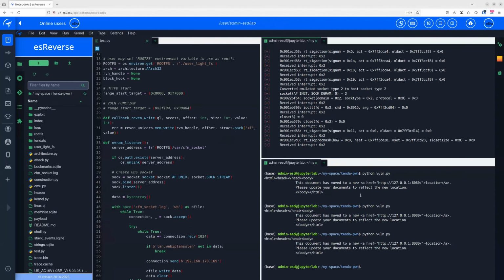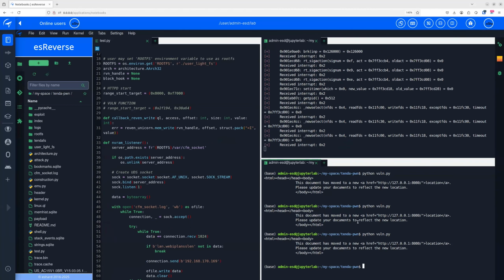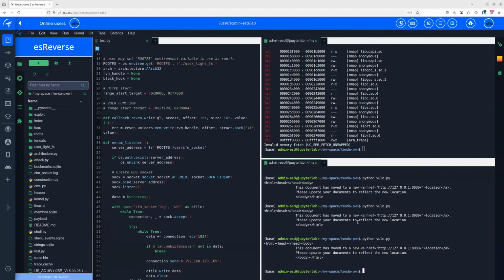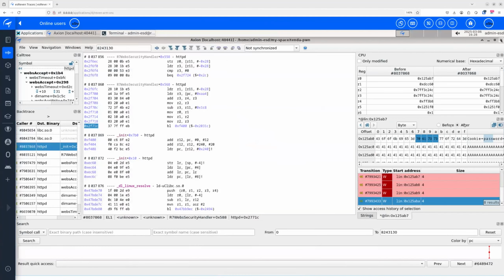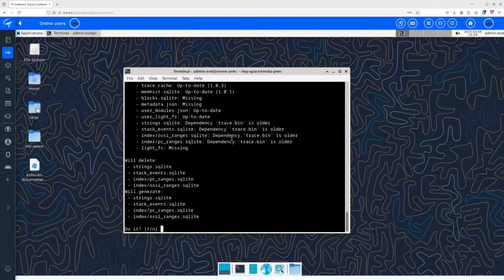We wait for it to initialize, and now we can see it's in a select loop waiting for incoming requests. So we send our vulnerability, or at least our proof of concept. We have a crash, which is quite normal. Now we need to re-index this trace because we just recorded a new one. Raven is telling us that there is a new trace.